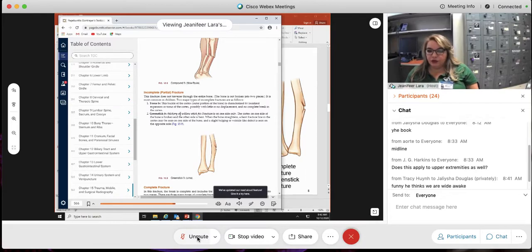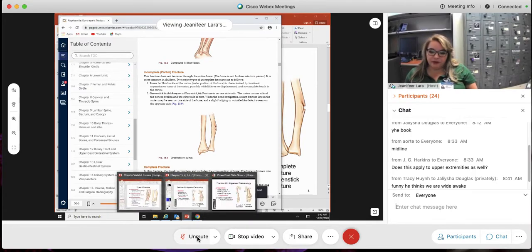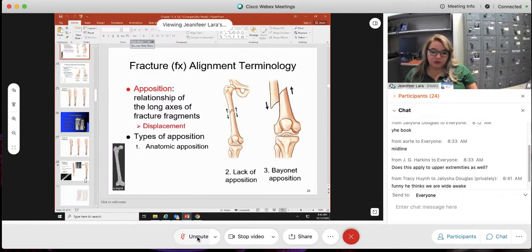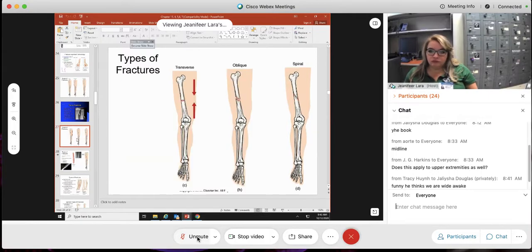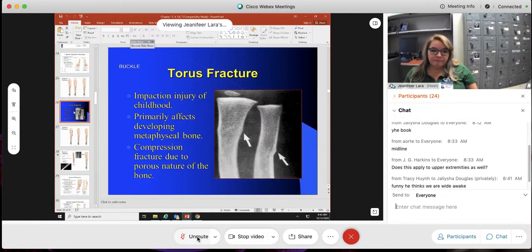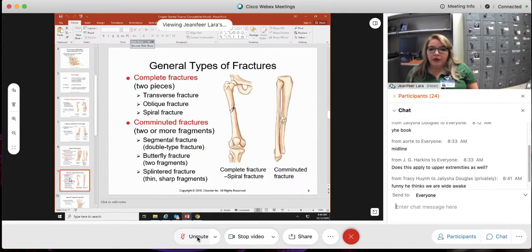Just make sure that you know the alternative names, hickory or willow stick, for the greenstick fracture. And I will send you the definition for the plastic. I think I only found a picture of a torus fracture. That's fine. I'll send you the definition for the plastic. Okay.